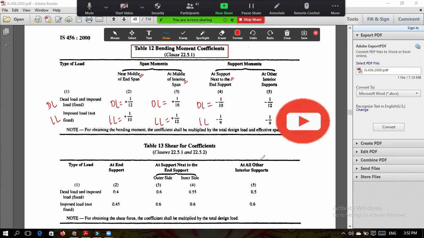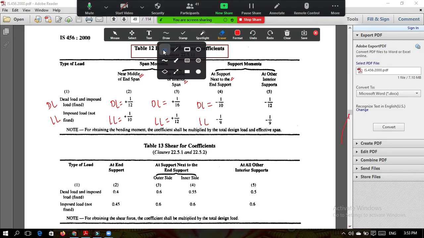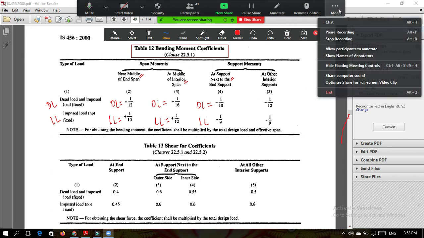These are the coefficients we are going to use for this problem. The page number for this table is page number 37.